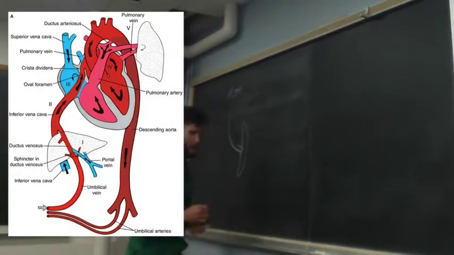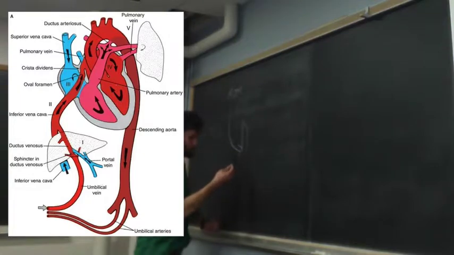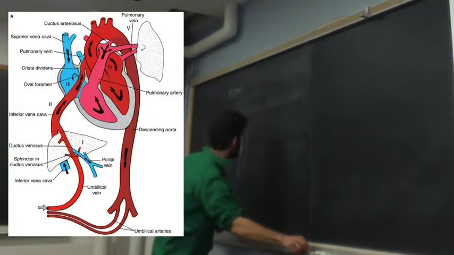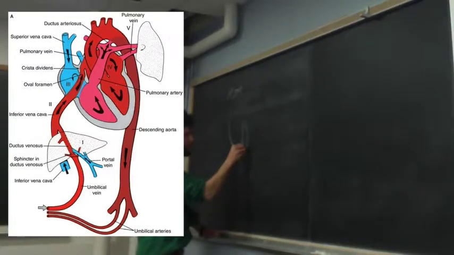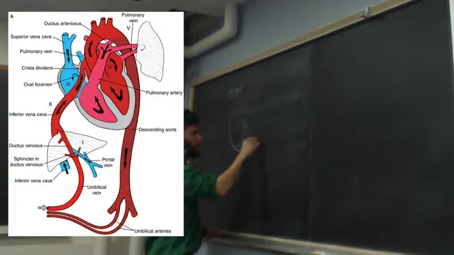It's okay. The white here is going to represent oxygenated blood. So, comes in to the baby's liver, actually.